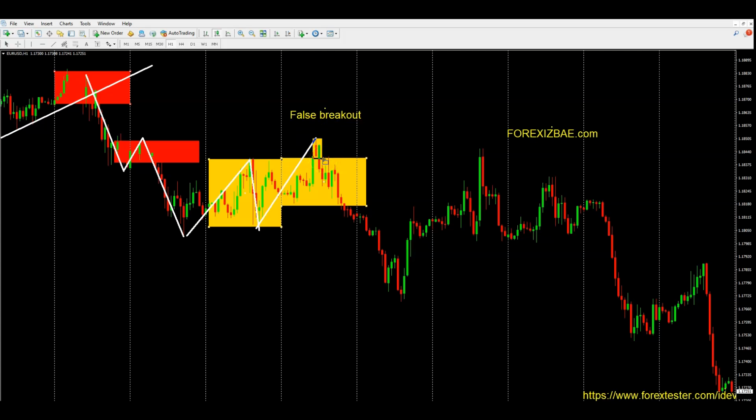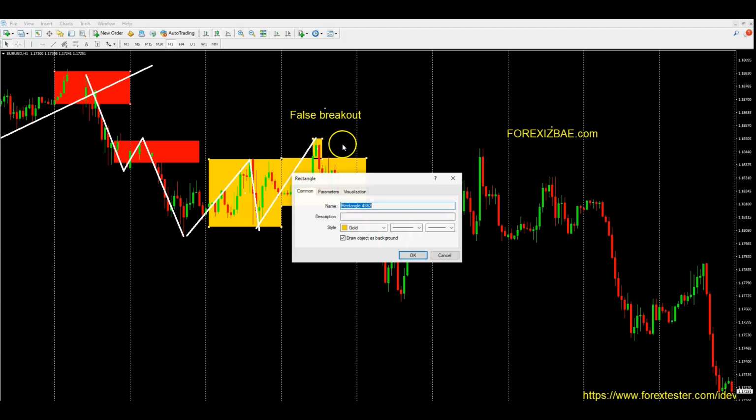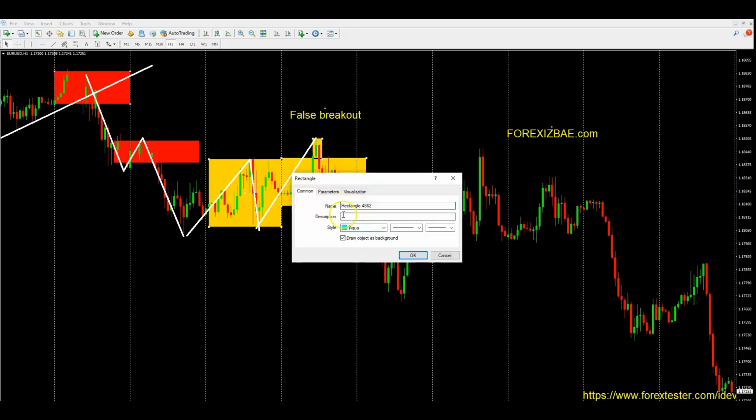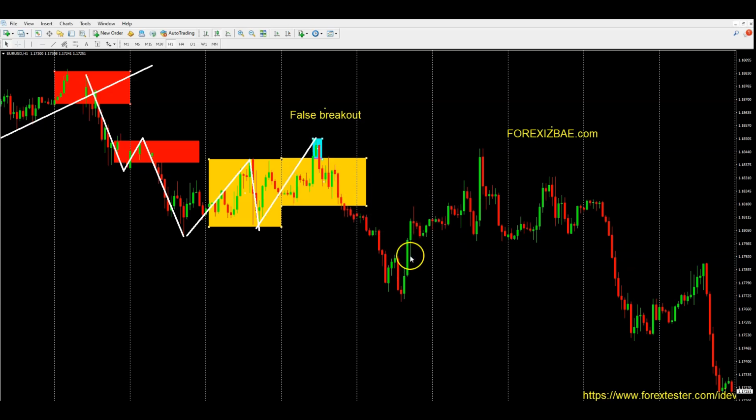Let's change the color to turquoise or aqua. And we will put BE for bearish engulfing. Okay, in case you come and touch it, you'll see the BE right there.